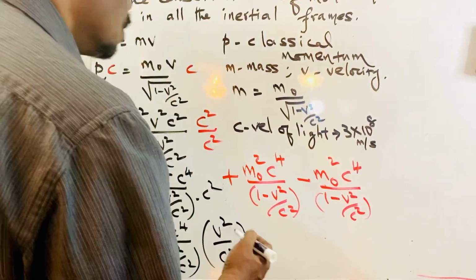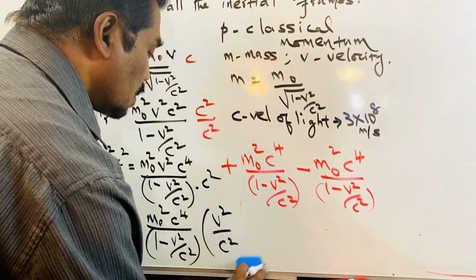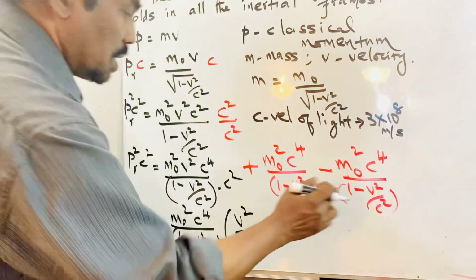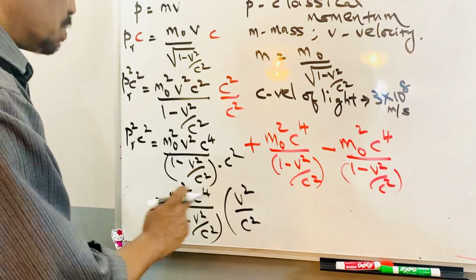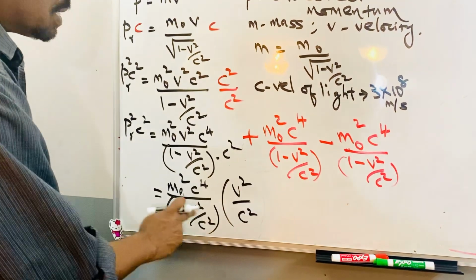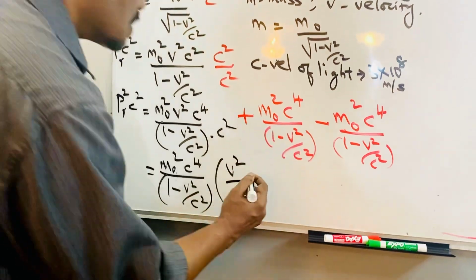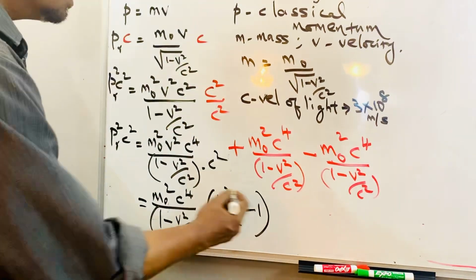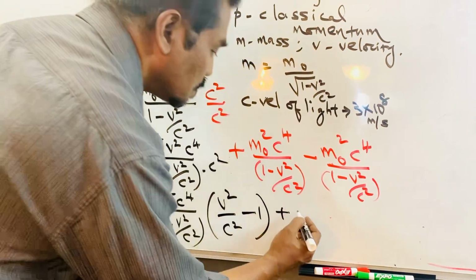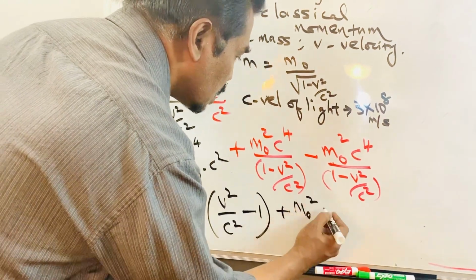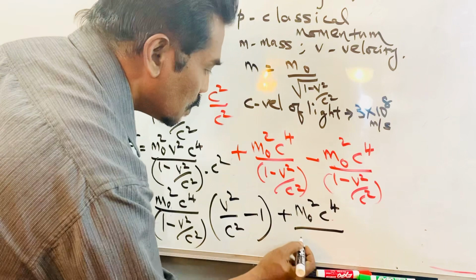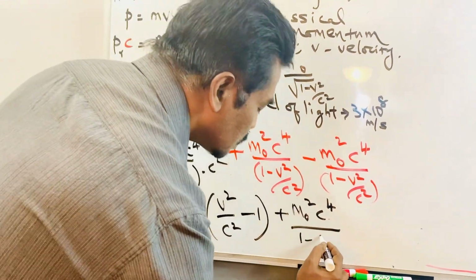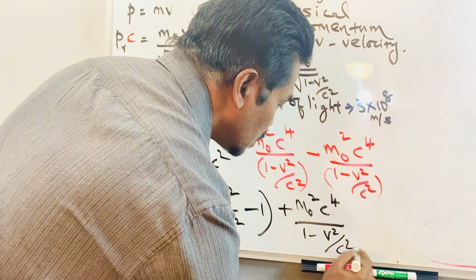There's one more term here, the same term, m0 square c power 4 over 1 minus v square over c square. So the sign is minus. So negative 1 plus this term, m0 square c power 4 over 1 minus v square over c square.